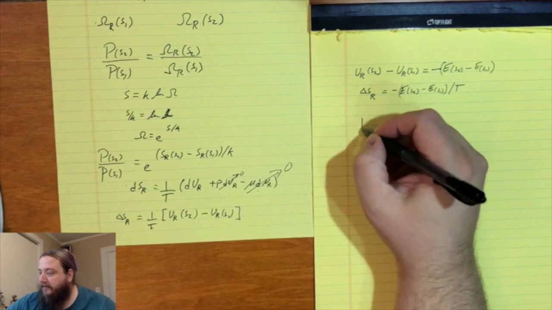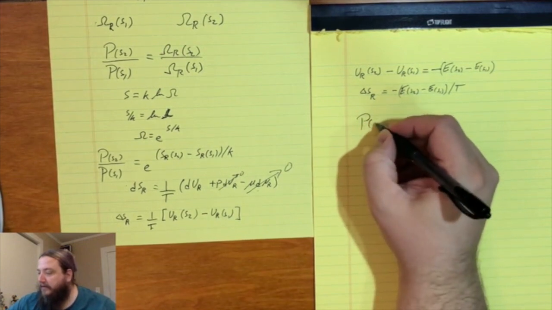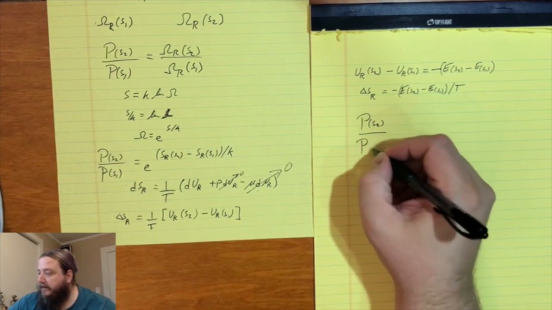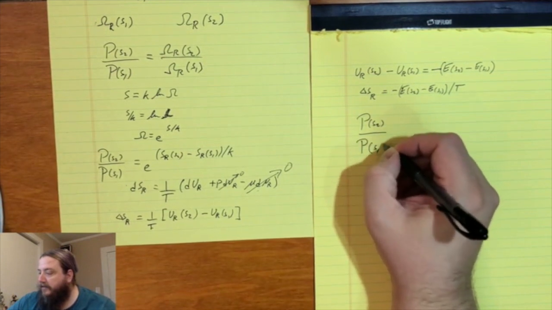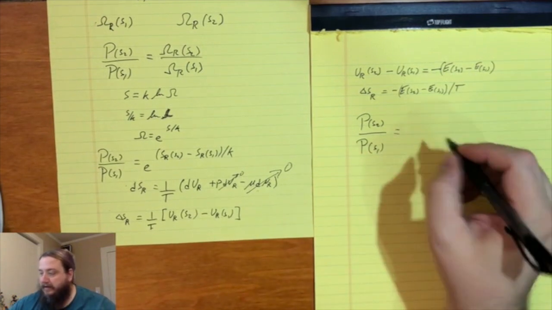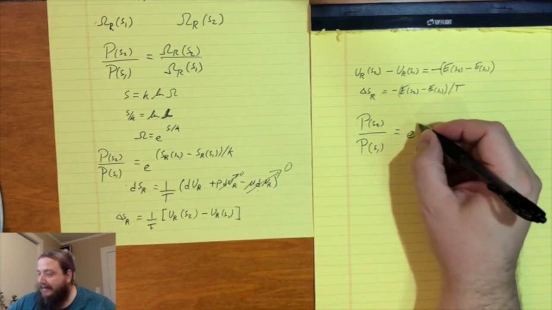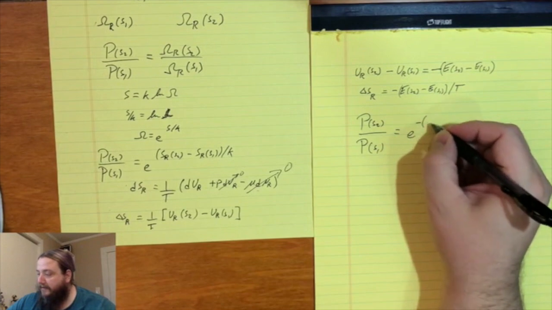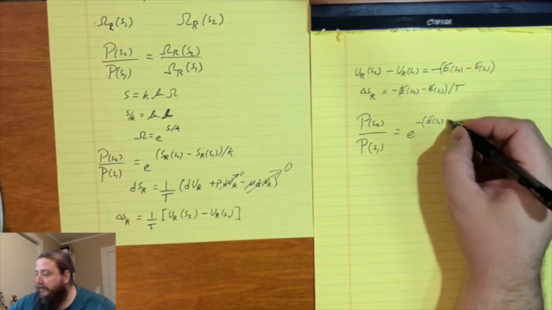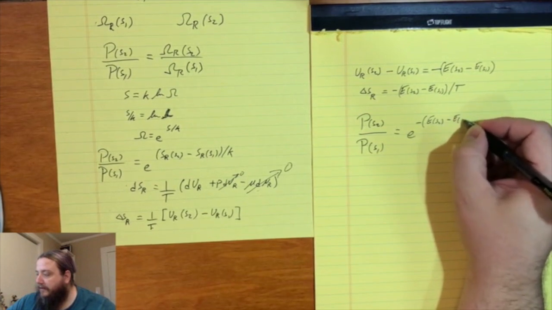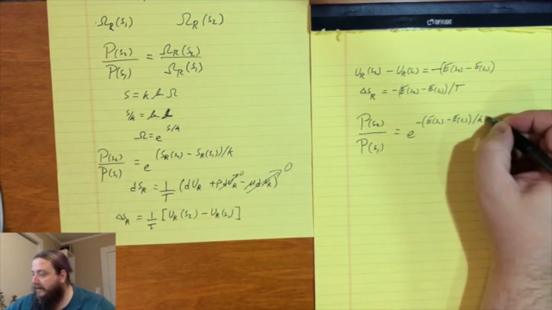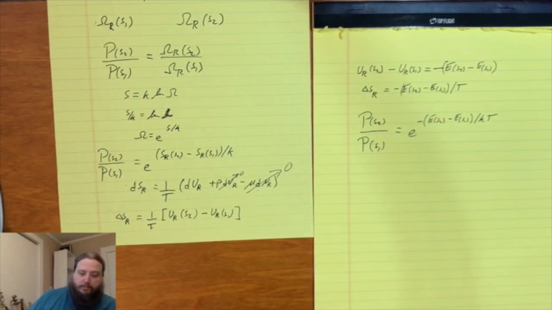And thus the ratio of probabilities of being in state 2 versus being in state 1 is going to be e to the minus the energy difference between state 2 and state 1 divided by kT.